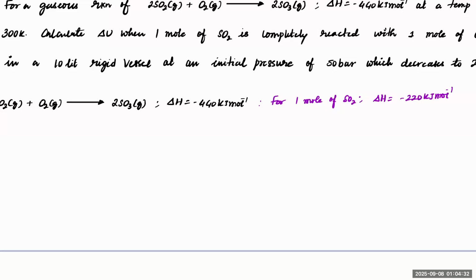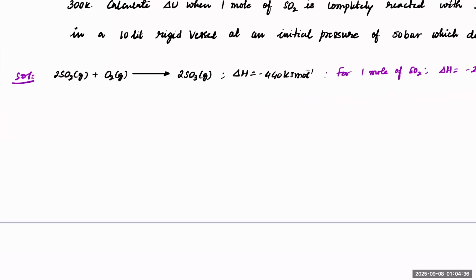I got to use this. And I took 1 mole each, so obviously some amount will be left. It looks like SO2 is limiting, so 0.5 will be left here, and 1 mole will be made here. Correct? Clear?